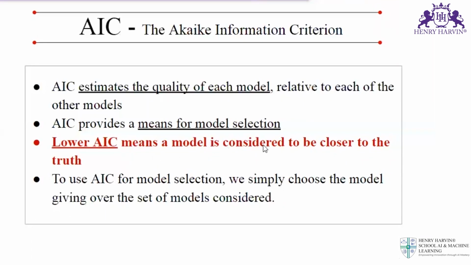Lower AIC means that the prediction resulting from our model is of better quality. To use AIC for model selection, we simply choose the model with the lowest AIC over the set of models considered.